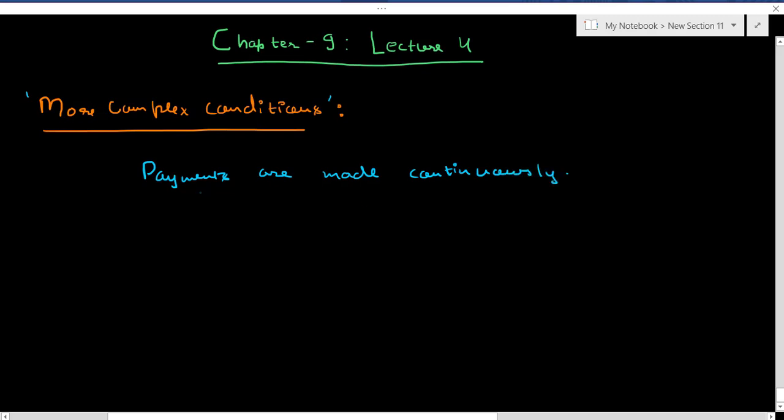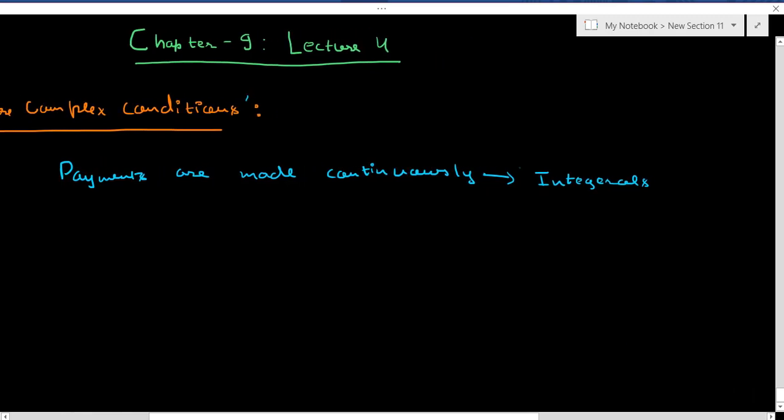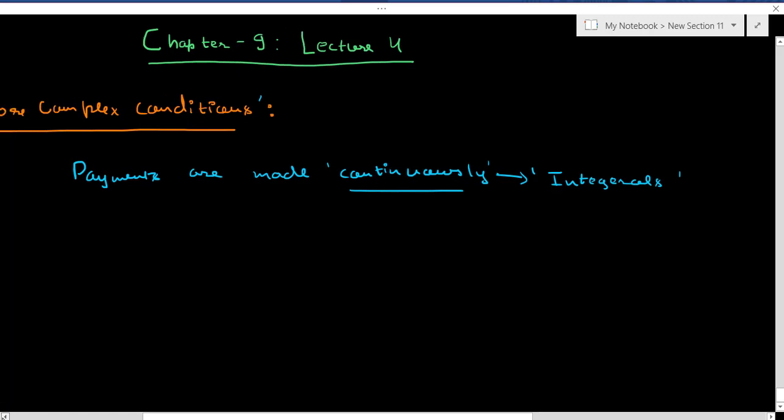This implies that we would be able to use integrals, since the lifetime and the payments, everything becomes a continuous random variable in this case. So we won't need to deal with discrete times of payments. We would be assuming that the payments are made continuously, and in order to sum them we will be using integrals. So that's the advantage.